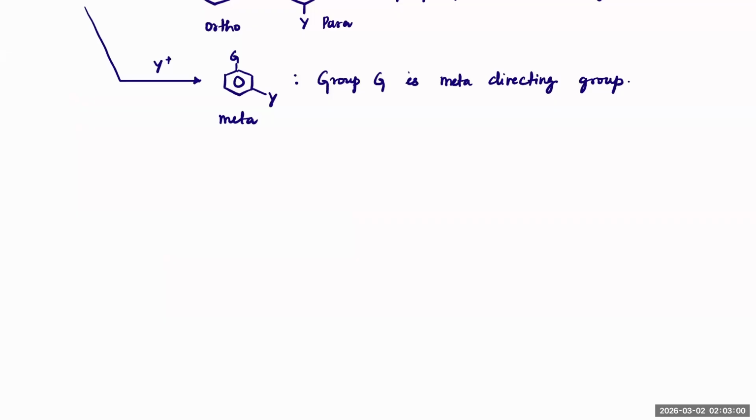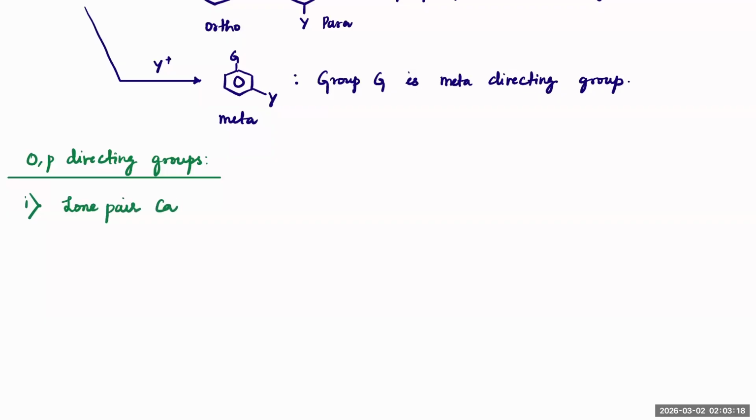So the first one is OP directing groups. Which will be these OP directing groups? The first kind of OP directing group is lone pair carrying groups. What does that mean?